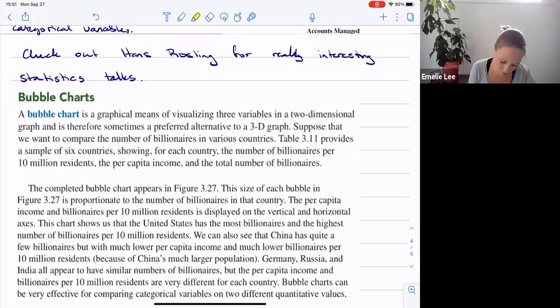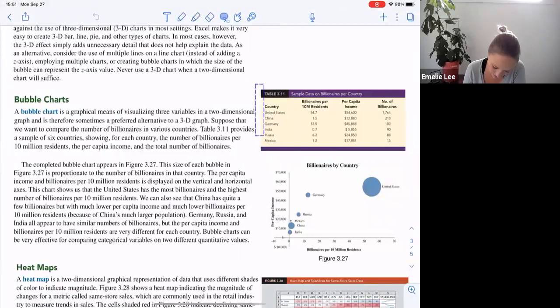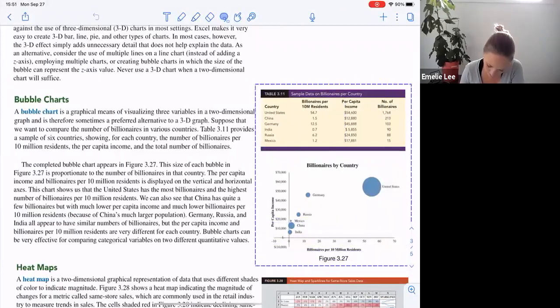So now if we're visualizing 3 variables, okay. If you haven't seen a bubble chart before, it takes a little while, but it looks like this. Bring it in, if it'll let me copy.